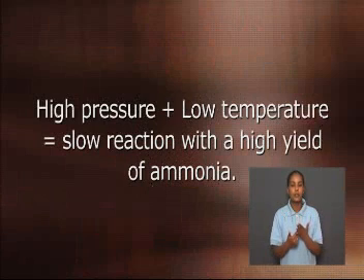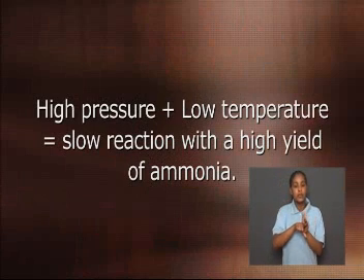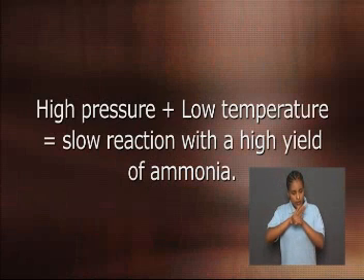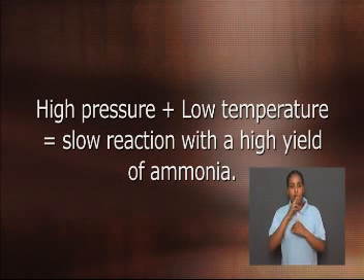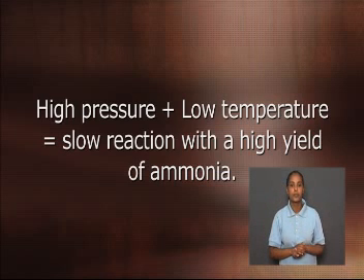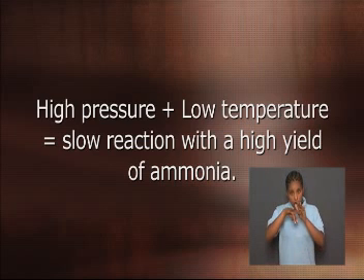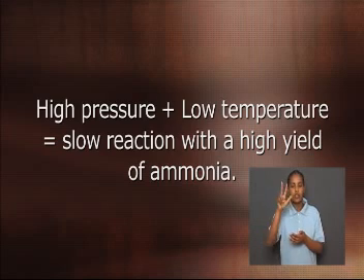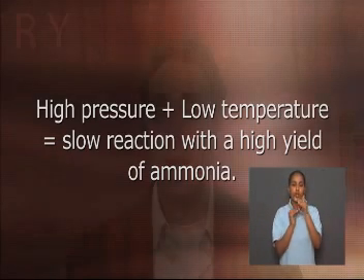Therefore, according to Le Chatelier's principle, high pressure and low temperature are needed to drive the reaction of nitrogen and hydrogen to the right to form ammonia. A low temperature provides a higher yield of ammonia, but the reaction is slow to reach equilibrium.